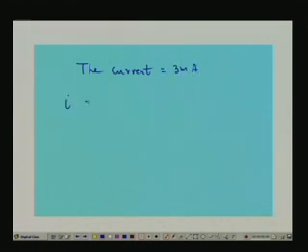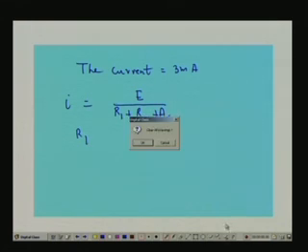So, I is equal to the voltage E divided by R1 plus R2 plus RG.